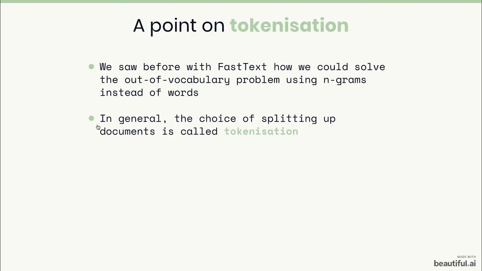So there's a point here on tokenization as well. Before with fastText, recall that fastText was the same thing as word2vec, but the main difference was that instead of splitting up by words and embedding those, we split up by character n-grams and embedded those separately.